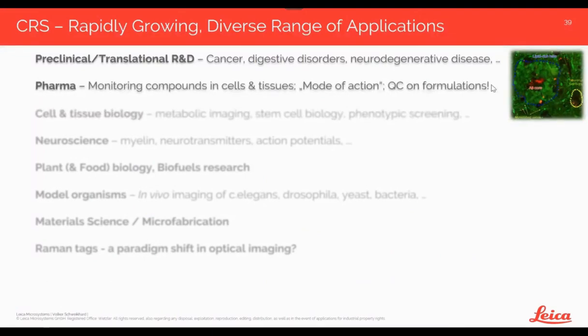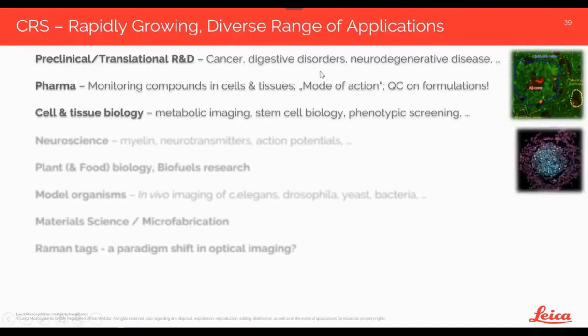The pharma industry is becoming highly interested in those vibrational techniques to monitor compounds both in cells and tissues, to identify localization behavior. Does the drug get to the point where it needs to get to, and what is the mode of action? Where does the drug actually localize and concentrate? But also quality control and development of formulations is possible with vibrational information.